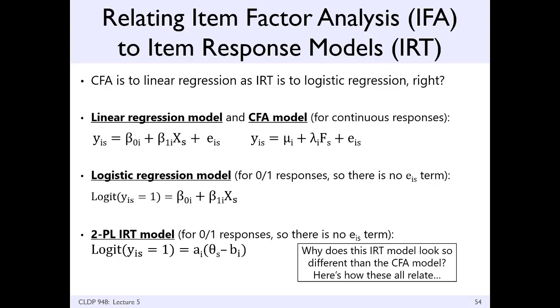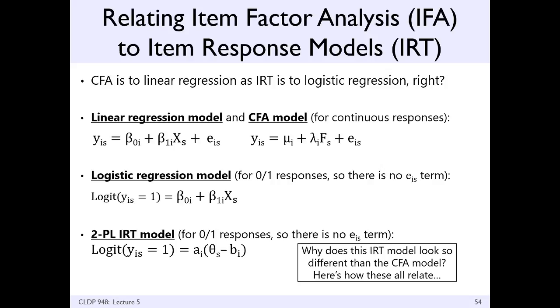So A is discrimination. That's the analog to slope. B is difficulty. Theta is theta. And notice subtraction here, the minus sign. That makes it so B is actually difficulty, so that higher B values signify items that you have a lower chance of getting correct.